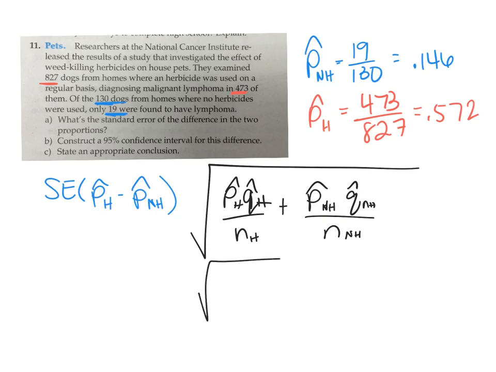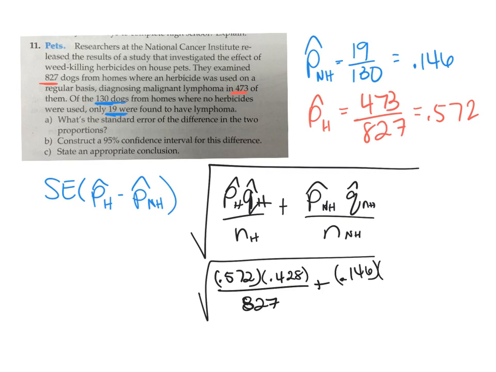So we're going to do 0.572 times 0.428 over 827. And then 0.146 times 0.854 over 130.